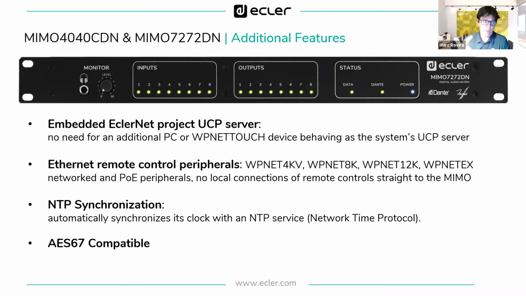A PC, a WP-Net Touch, and these two MIMOs integrate also a UCP server. And the remote controls can be, the digital ones, 4kV, 8K, 12K, or WP-NetX. We will cover this in detail afterwards.